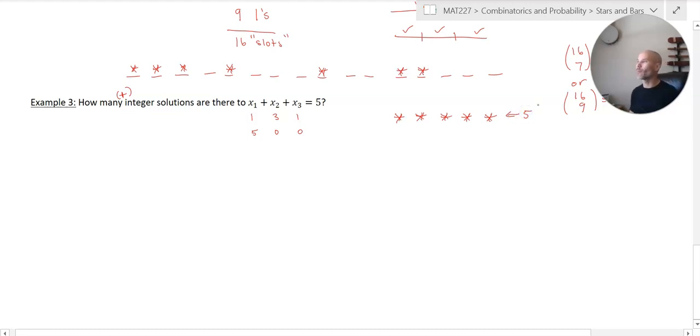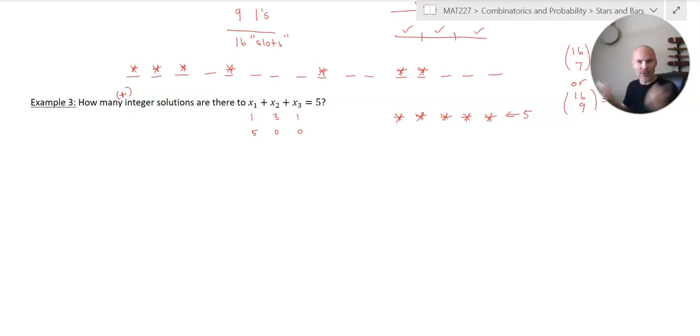Why 5 of them? Well, because what we're going to think about is how an integer could be constructed from 5 stars, right? So we could say that x1 gets all 5 of the stars, and then x2 and x3 get 0 of the stars, meaning that they don't get any integer values.